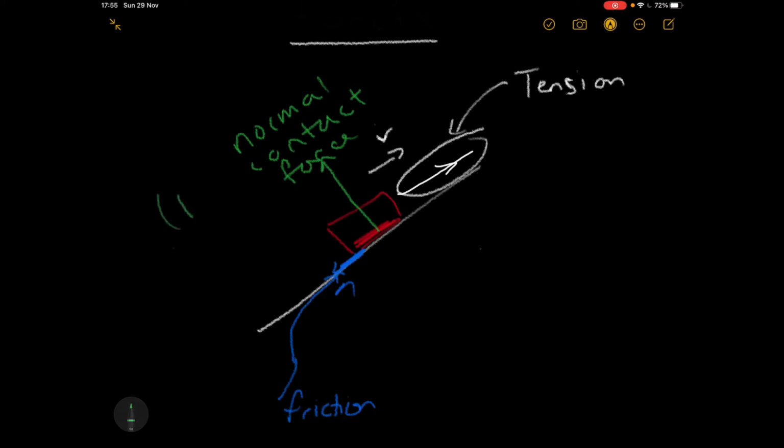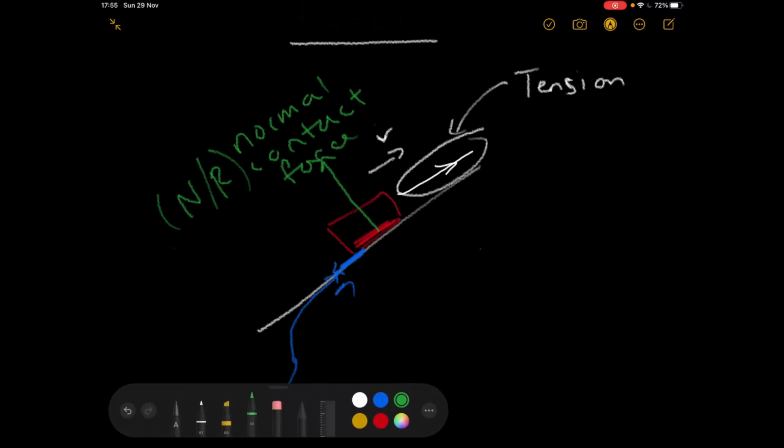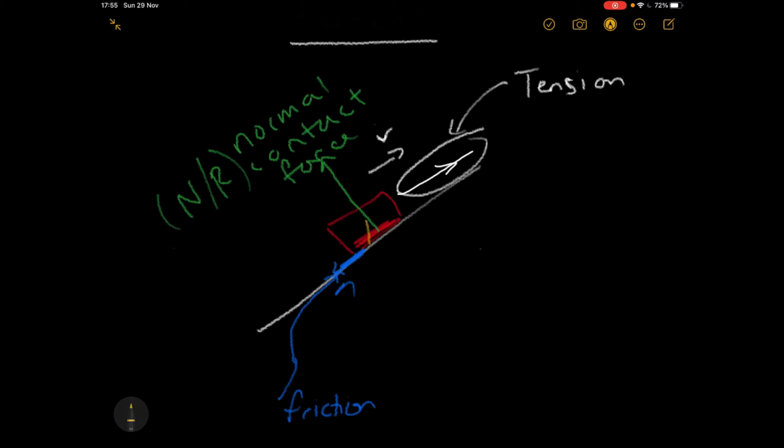Basically, sometimes this will get listed as being an N or sometimes an R. I call it the reaction force because it's really arising as a result of Newton's third law, because it is a reaction to the final force that we would say is on this thing, which will, let's go in gold, is the weight of this object.